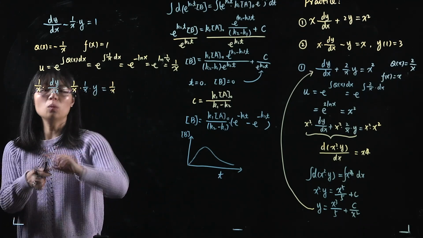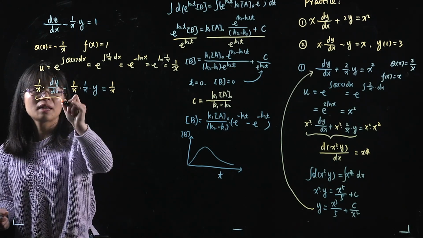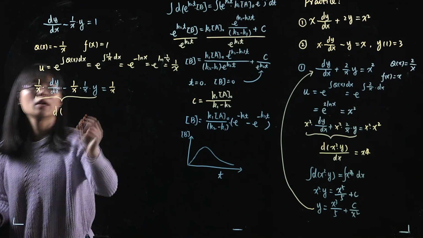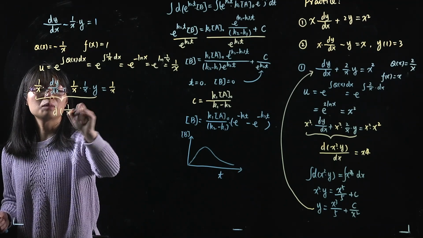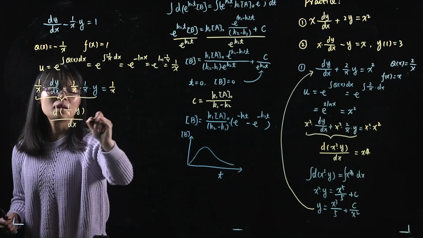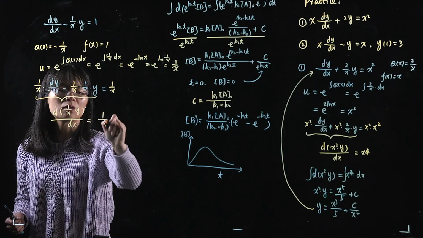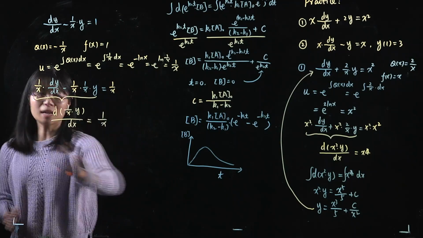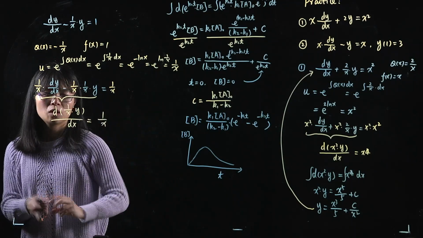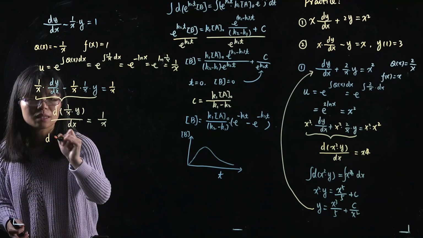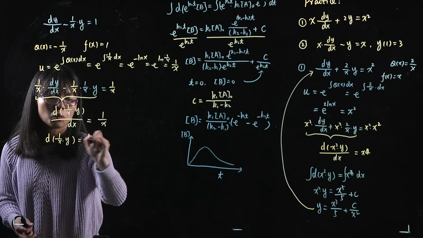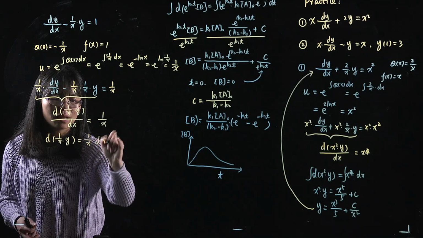Okay, so for the left-hand side of the solution, it simply is d(u times y) over dx. On the other side of the equation is 1 over x. Then we can move the dx to the other side, which allows me to do integration. So I get d(1 over x times y) equals 1 over x dx.